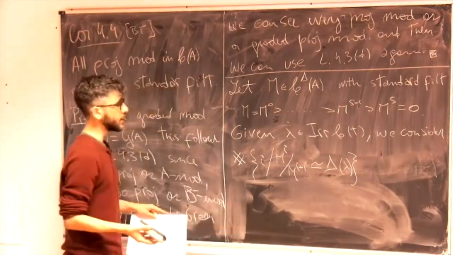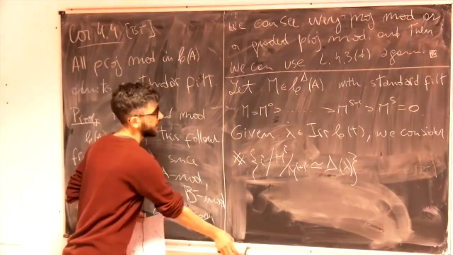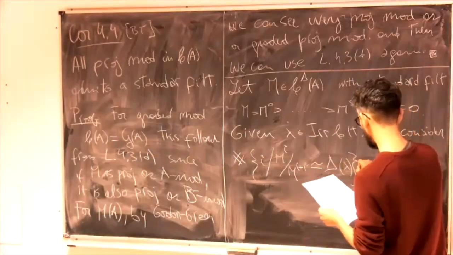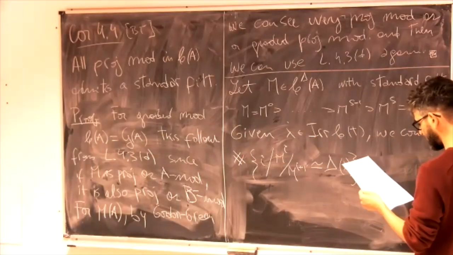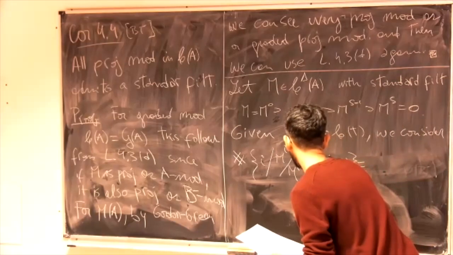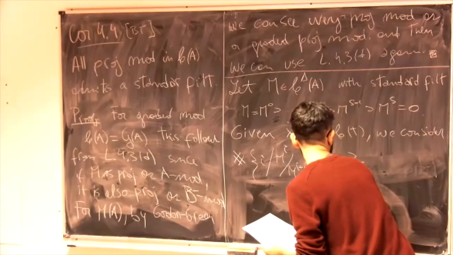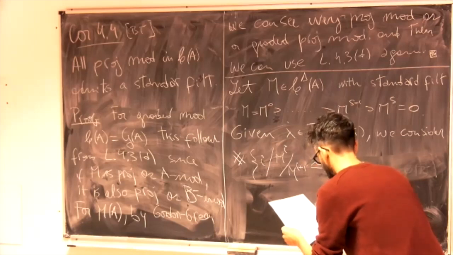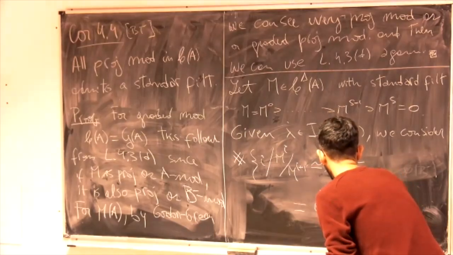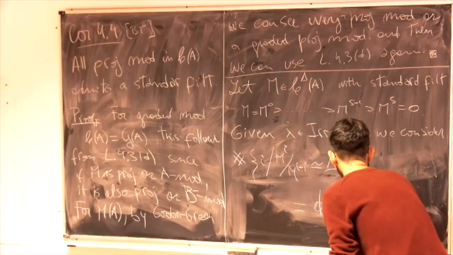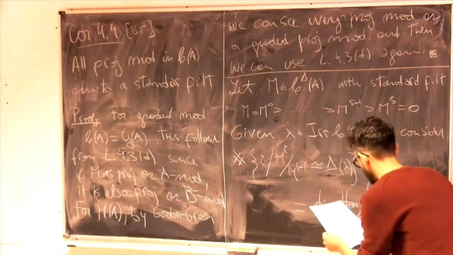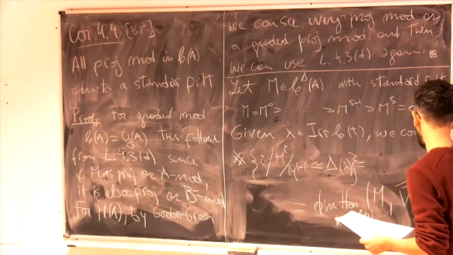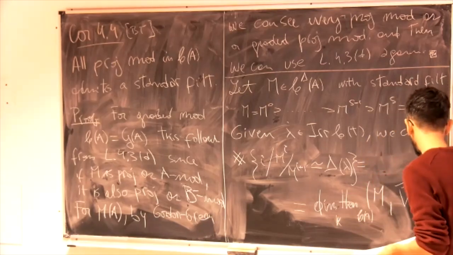We will prove that this is equal to the dimension over the field of the space of morphisms between M and the proper co-standard module of lambda.